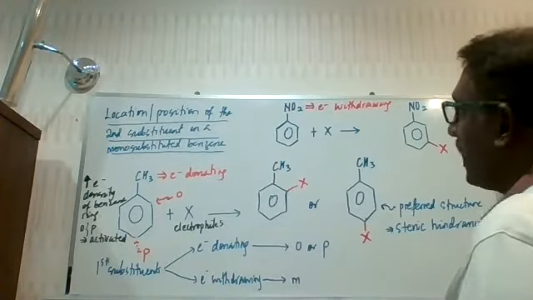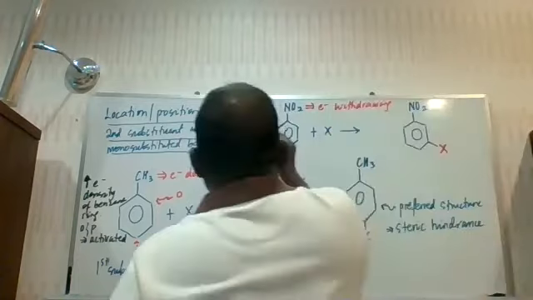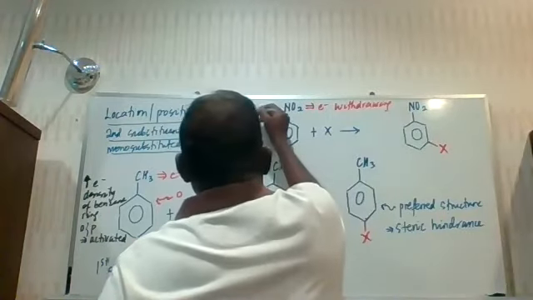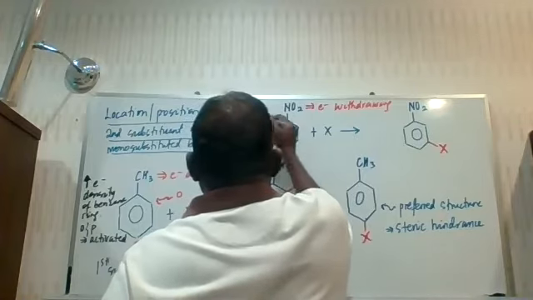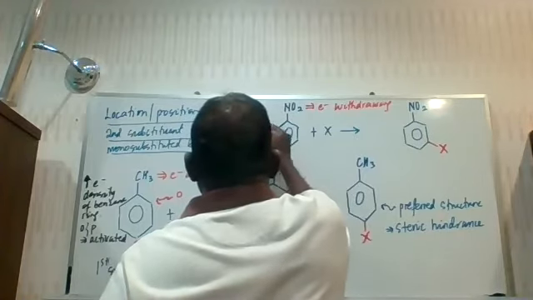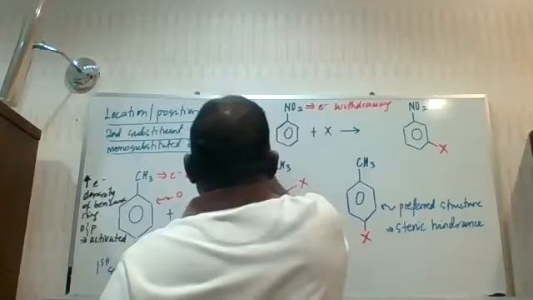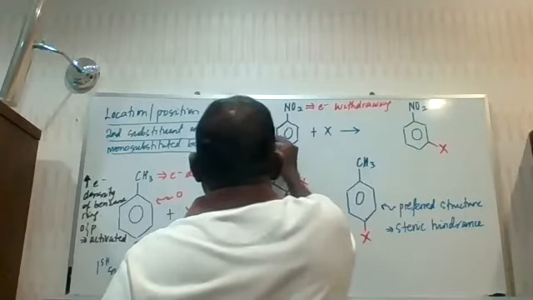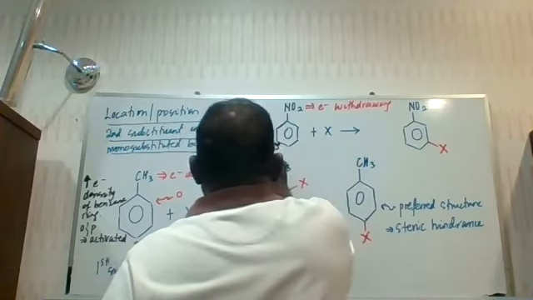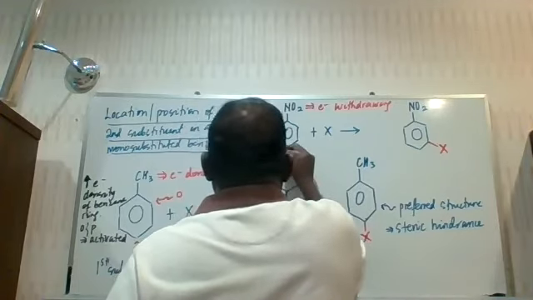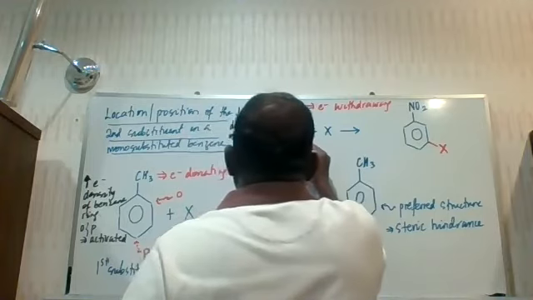Now, in the case of electron withdrawing groups, they decrease the electron density of the benzene ring, and therefore deactivate the ortho and para positions.